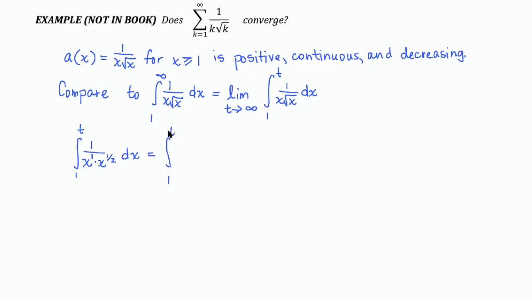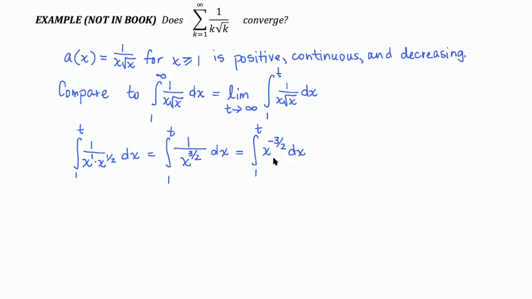So my integrand now becomes 1 over x to the 3/2 power dx. And hopefully you're familiar enough with negative exponents to realize the other way that I could write that is as x to the negative 3 over 2 power dx.